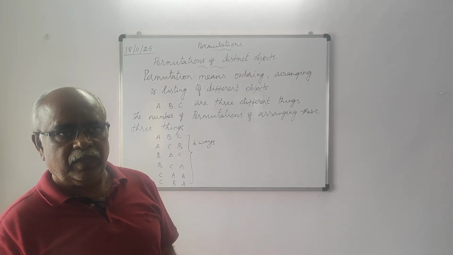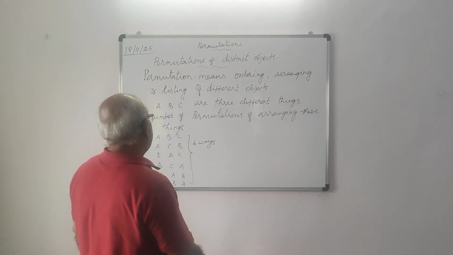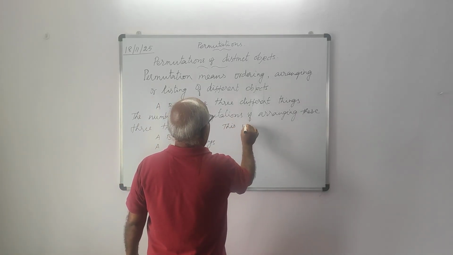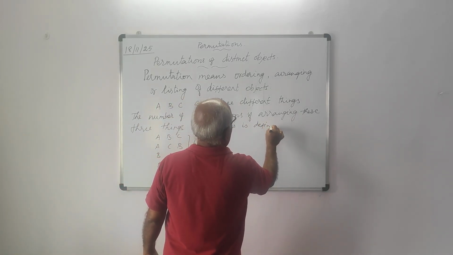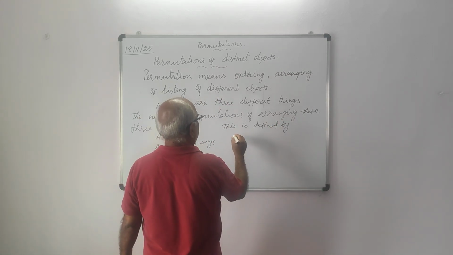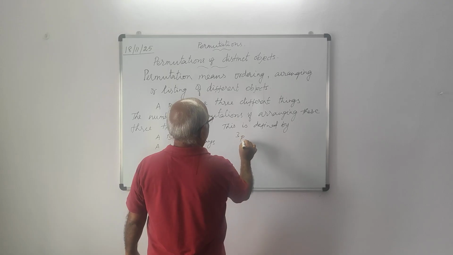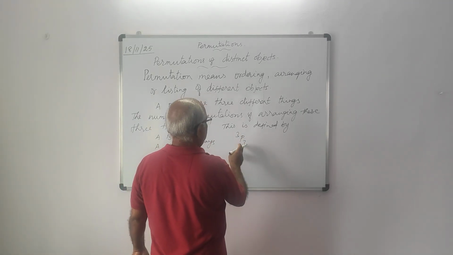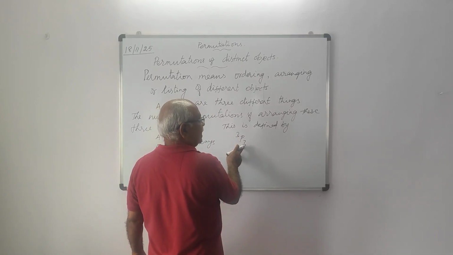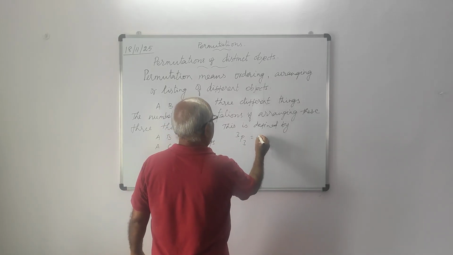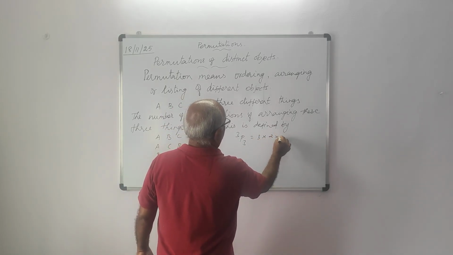6 ways of arranging three things, taking 3 at a time. So this is defined by 3P3. The number of permutations of three different things arranged 3 at a time is denoted by 3P3, which is 6 ways, that is 3 into 2 into 1.